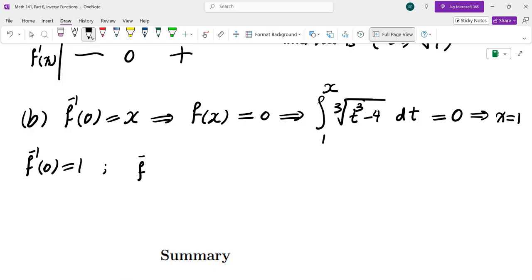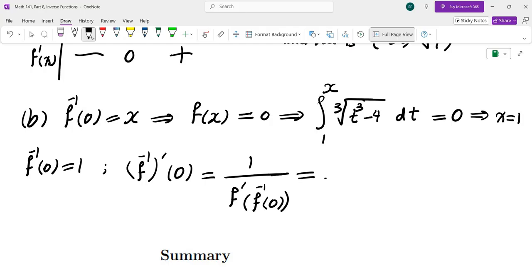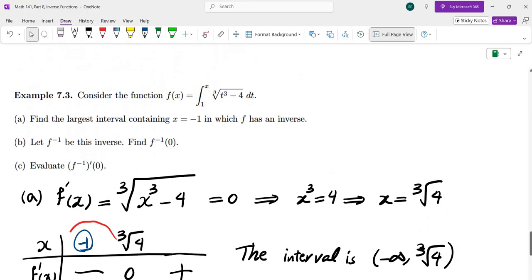So now what's the derivative of f inverse at 0? Well, that's 1 over f prime of f inverse of 0. That's the formula that we talked about earlier. We saw that f inverse of 0 is 1. So that's 1 over f prime at 1, where f prime is the cube root of x cubed minus 4.